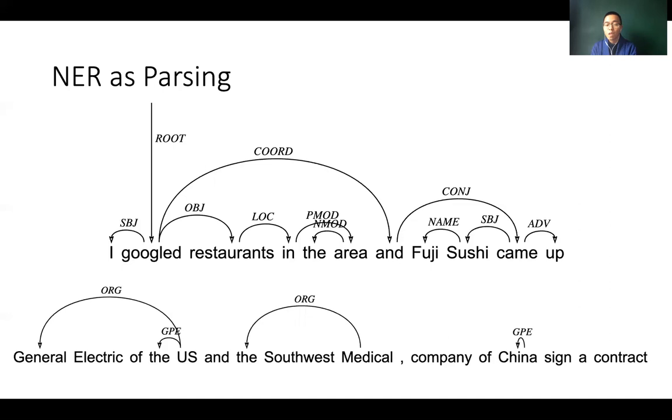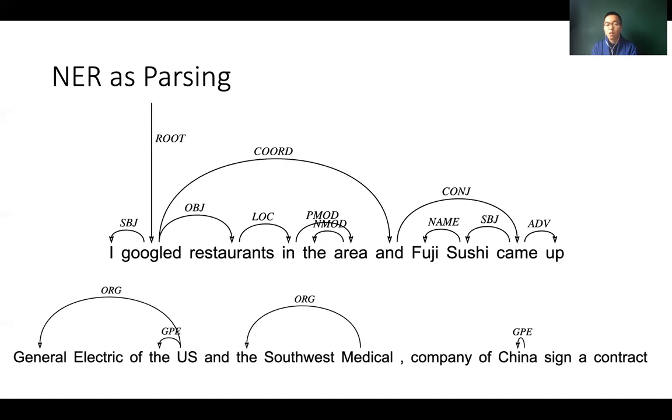We're not trying to find the head for each individual word, but instead we're trying to find the start indices and end indices. Which means that given General, we're trying to find the end of the mention, which here is US. But we have a few differences compared with traditional dependency parsing.